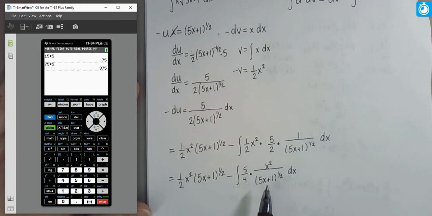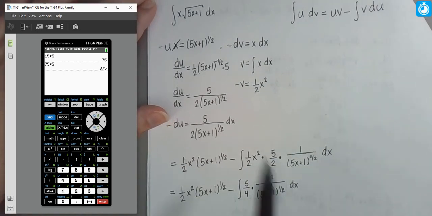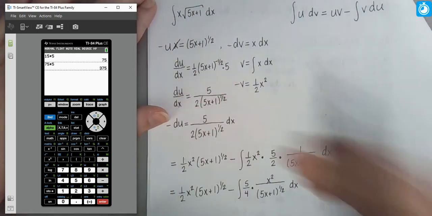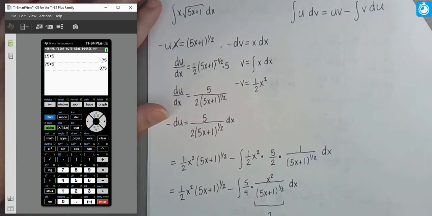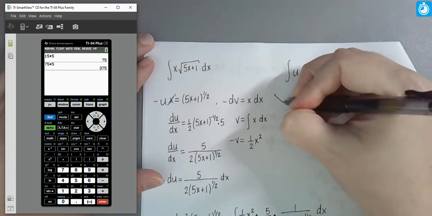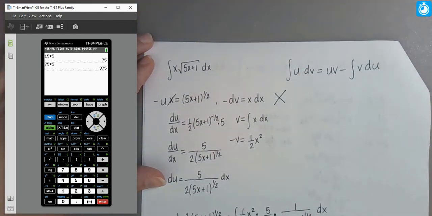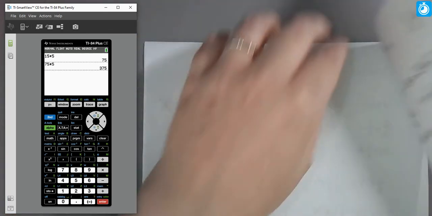Automatically we do have a problem here because we see a nested function where we might use substitution, but we also see something that's not related to it, something that's just extra, that's added on, and overall this antiderivative is now more complicated than the one we started with. So because this portion is now something that we don't really have a technique to solve, that means that this particular combination of u and dv is not going to be the one we want to use.